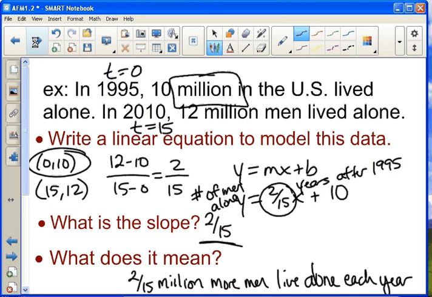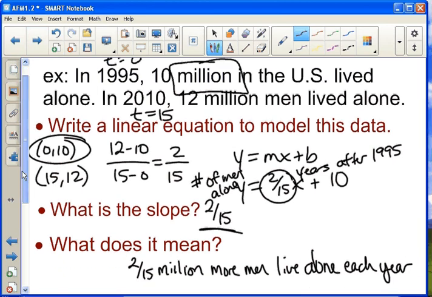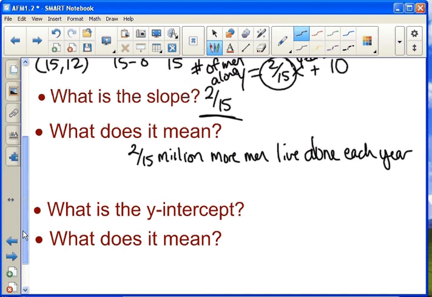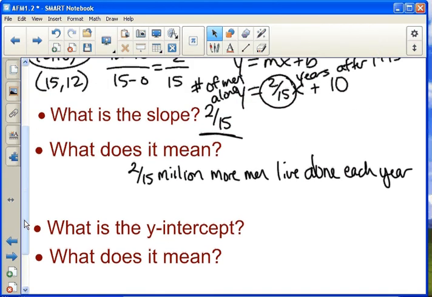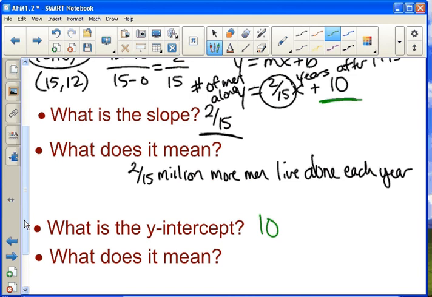So then it asks us, what is the y-intercept? Well, let's look back up here. The y-intercept is always the number that's by itself, the constant, so it's 10. What does it mean? Well, if you look back at the previous slides, the y-intercept is always the amount of y, in this case the number of men living alone, when x equals 0. Well, when x equals 0, we're in the year 1995.